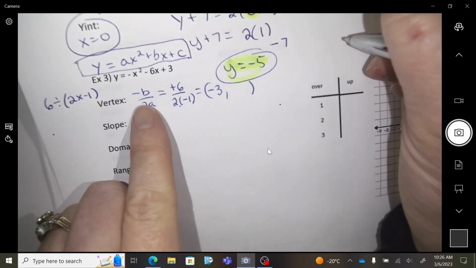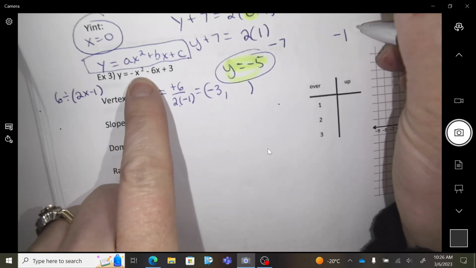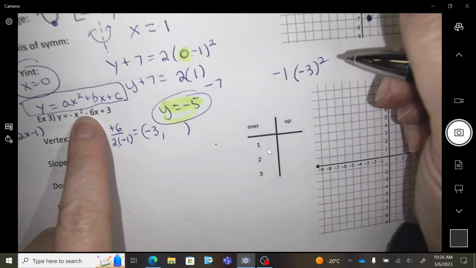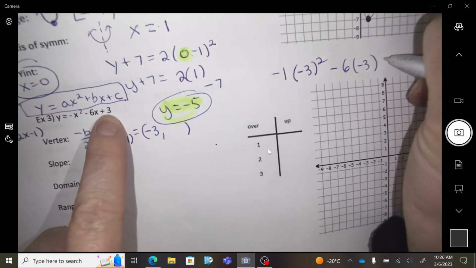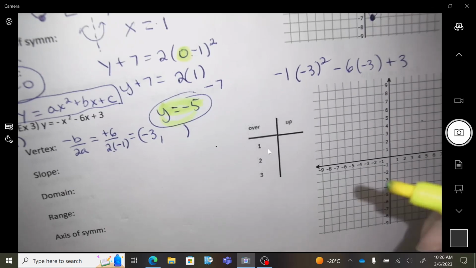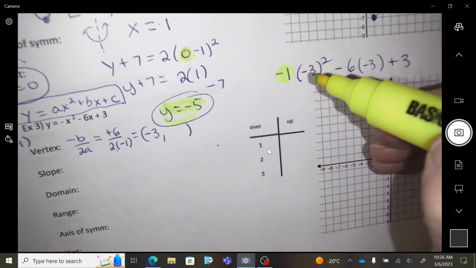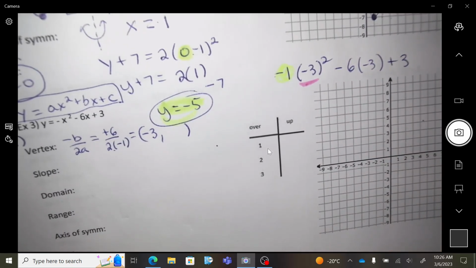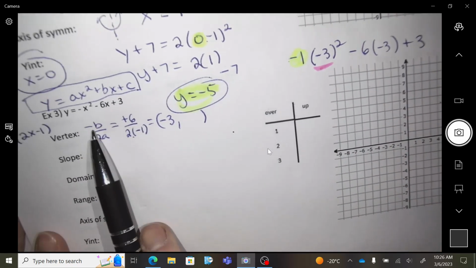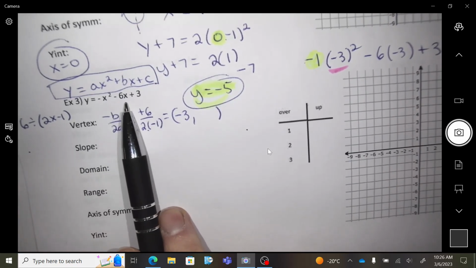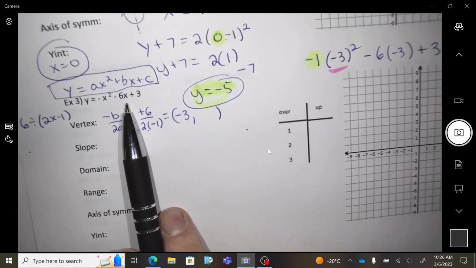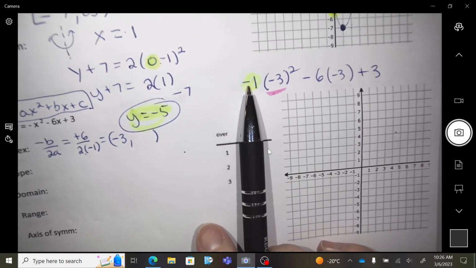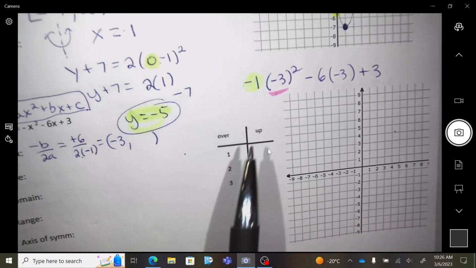So you should do -1 like that when you plug it in. Does that make sense why it would be a little bit confusing? Because there's a negative and then there's a -3 for the x. So there's lots of negatives going on, but this negative is disconnected like that from the -3 squared.